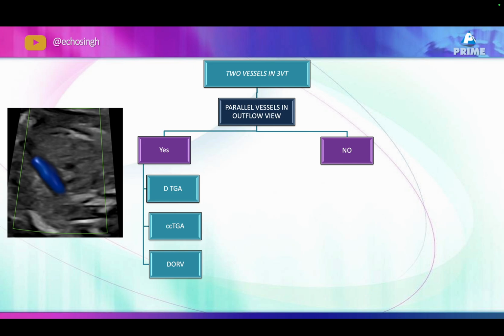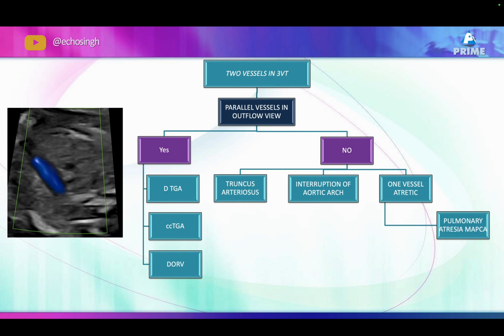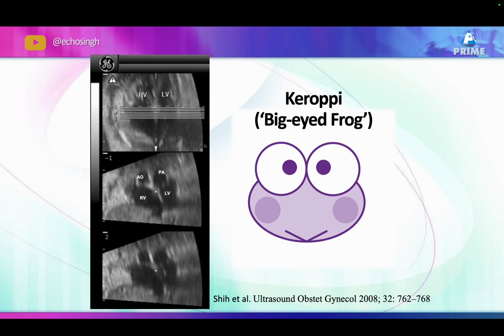But if you don't see parallel vessels, then it could be truncus, a single artery with the pulmonary arteries arising from the truncus. You have an interruption of one artery, or one artery is atretic, whether it's the aorta or the pulmonary artery. So this is the differential of seeing just one artery in a 3VT.